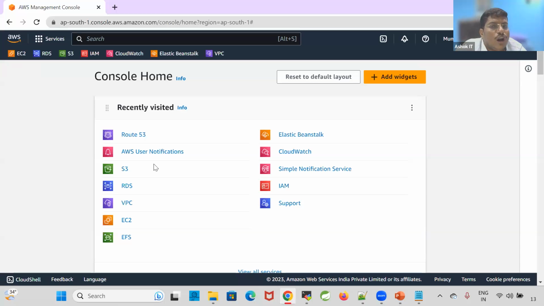We don't need to learn all 200 services. For the DevOps engineer, 10 to 15 services are required, and we are going to discuss those. To start with that, you need to create your account in the AWS cloud. It is a free account; you don't need to pay anything for creating an account. Okay, guys.